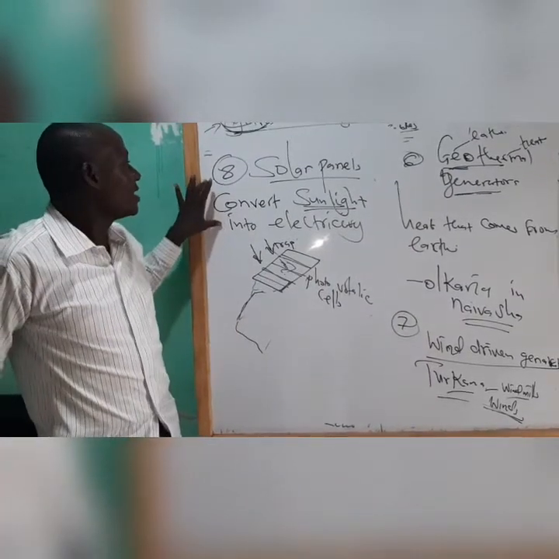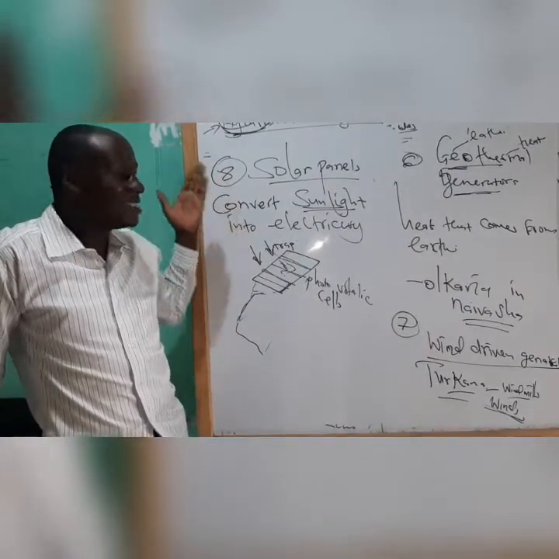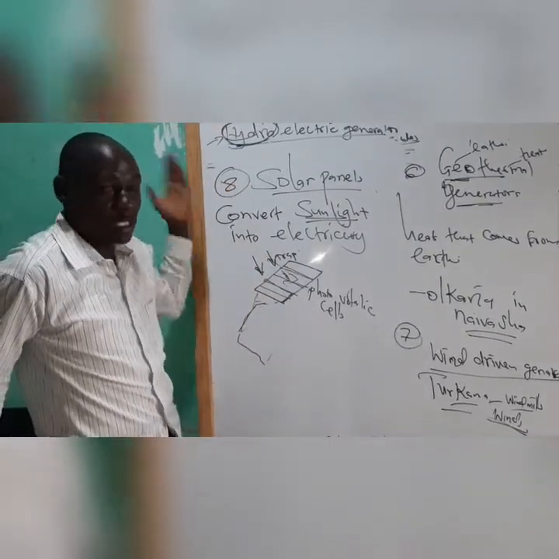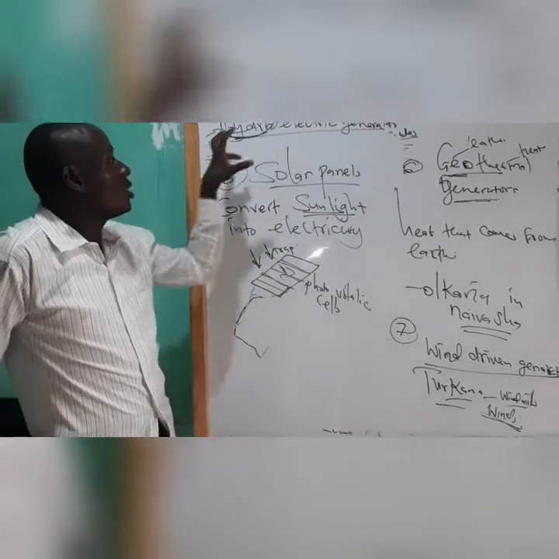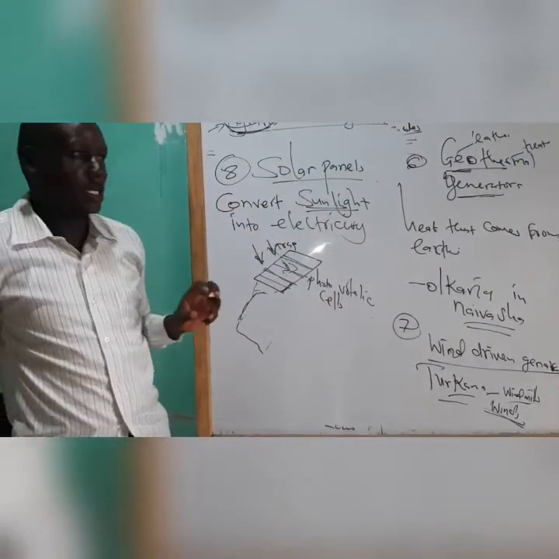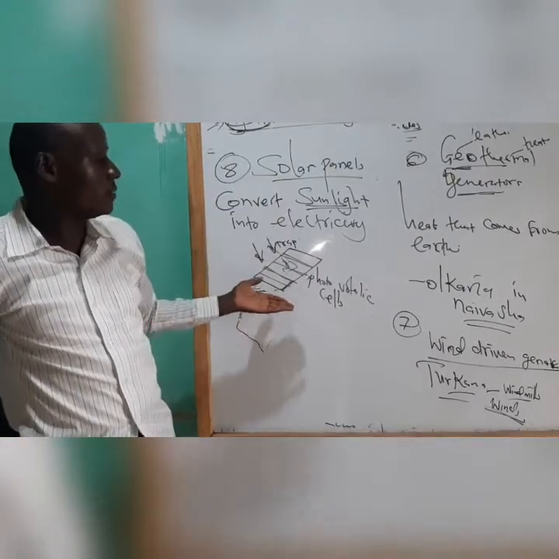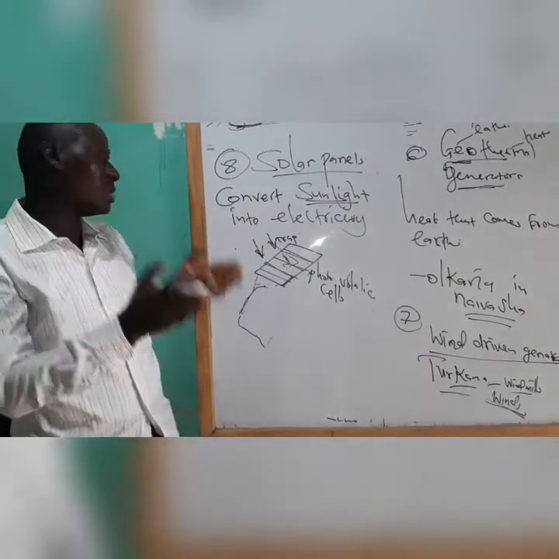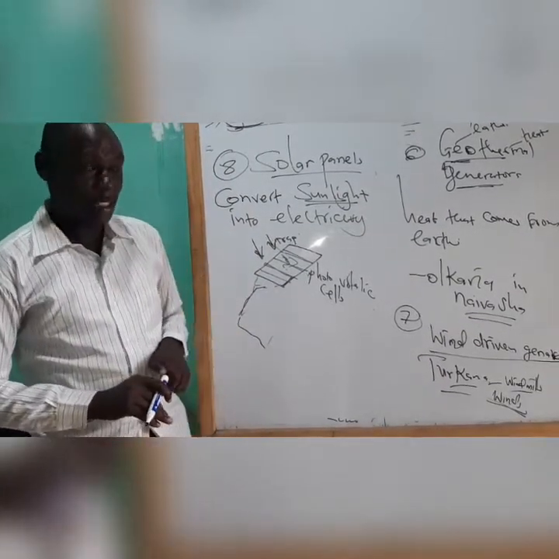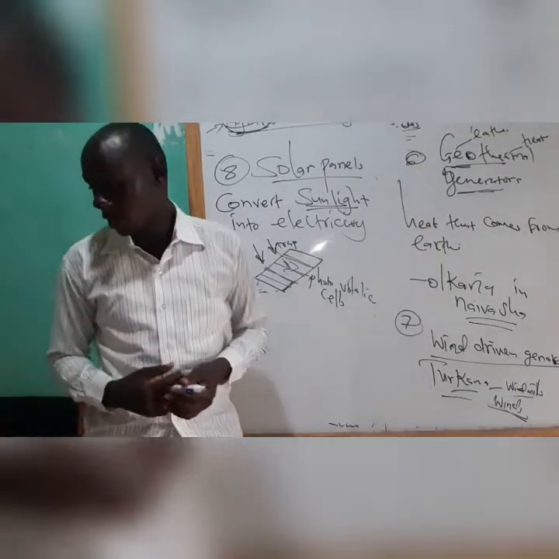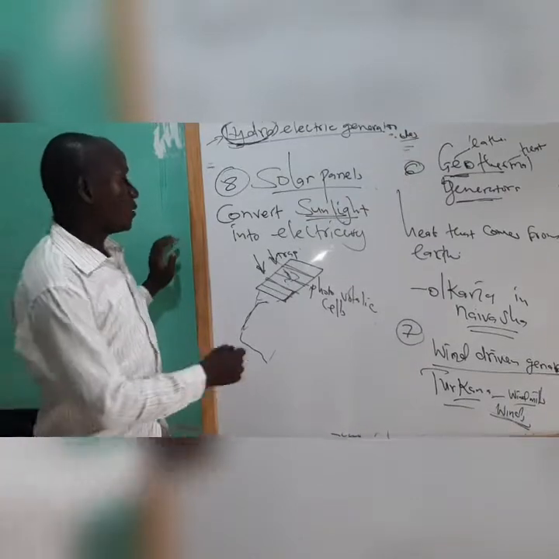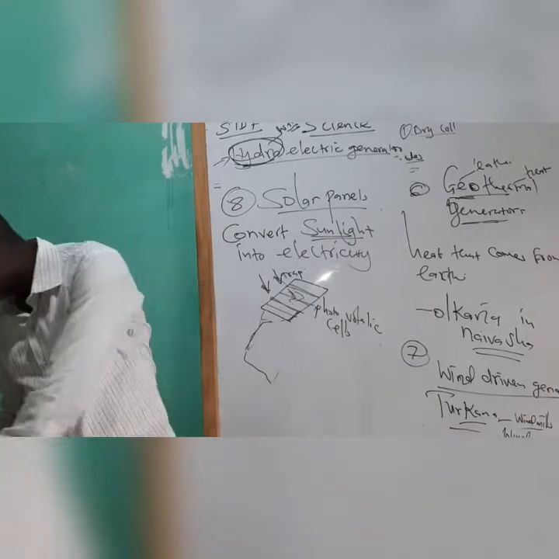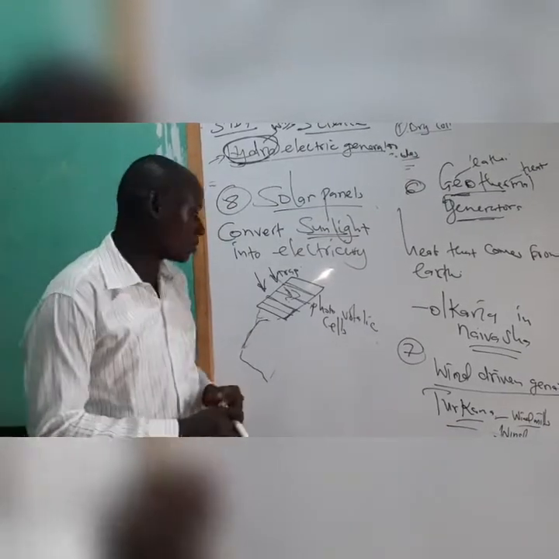This is the cheapest and easiest way of getting electricity in remote areas where all these other sources are scarce. You can install it in your house, and it converts the sun into electricity that can be used for the household. Up to that, I want to stop there because of time.